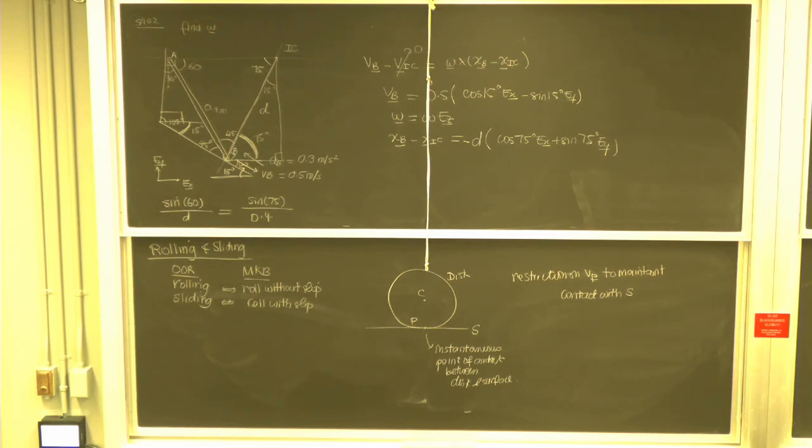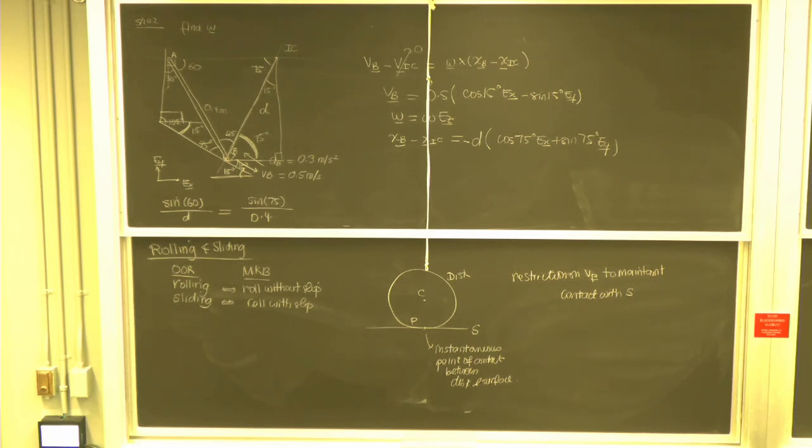Does it need to totally equal 0, or 0 in a certain direction? Let us think about it. Maybe you all have cylindrically shaped objects on your desk. So this is point P, the point that's in contact with my surface. If I'm moving like this, am I maintaining contact with the surface?